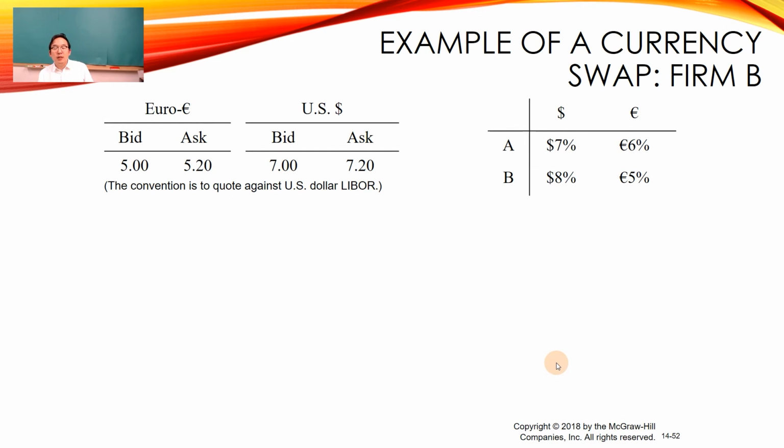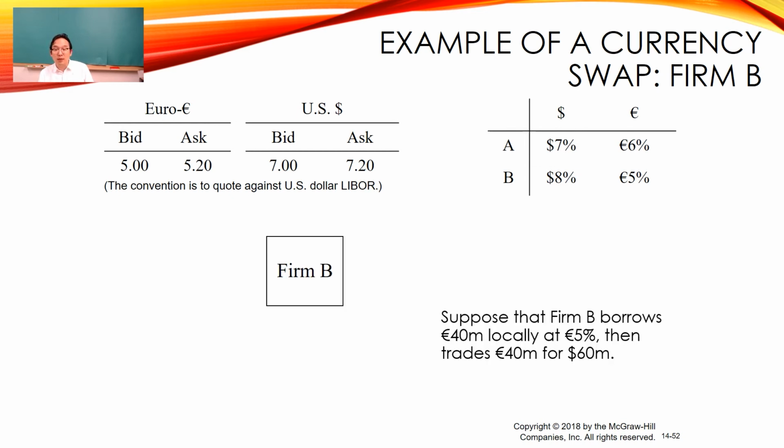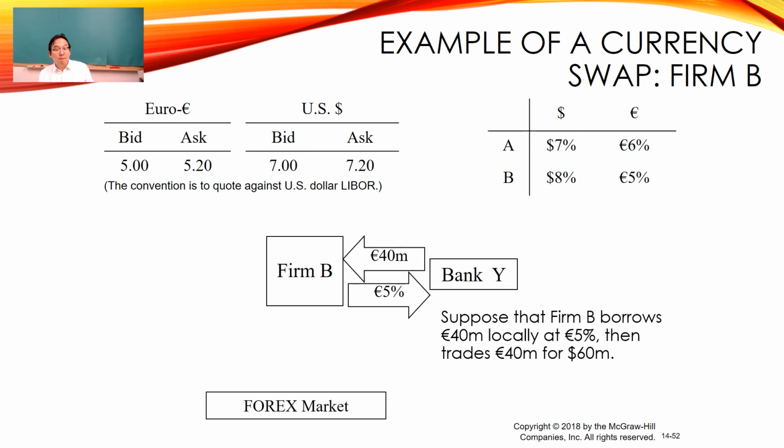From company B's perspective, you have the equivalent diagram. Suppose that company B borrows 40 million euros locally at a 5% rate, then trades 40 million euros for $60 million.